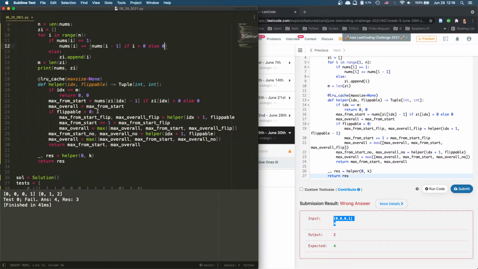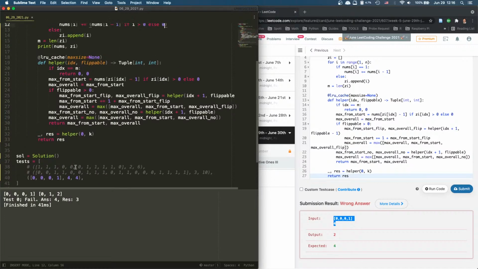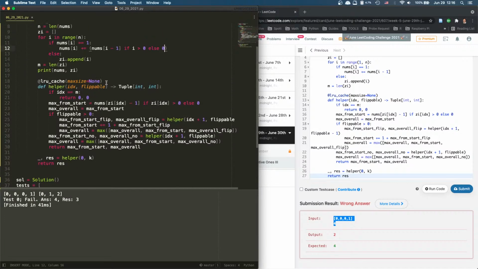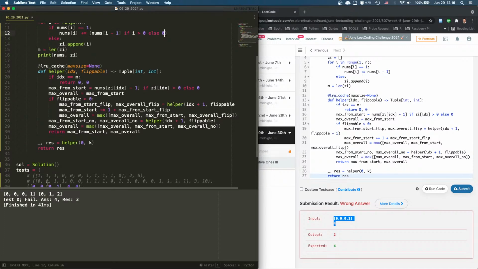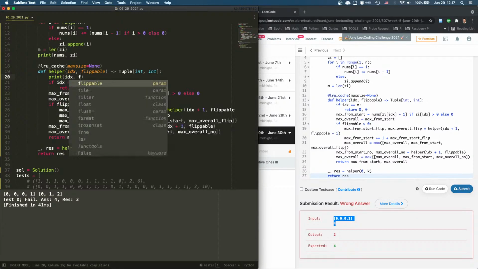All right, I'm back. Let's keep debugging this problem. Let's see what happened. Max overall. I think we can probably print index flippable.